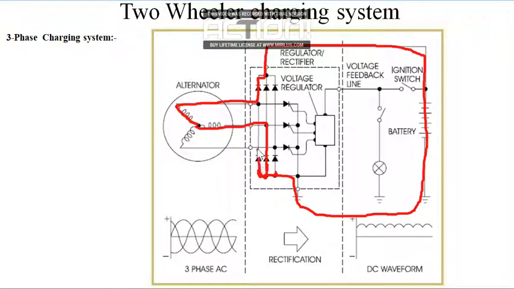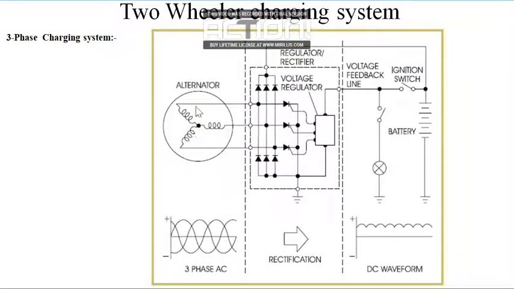This happens for 120 degrees. Similarly, for another 120 degrees the same thing takes place. So rectification is done, whenever regulation is there.